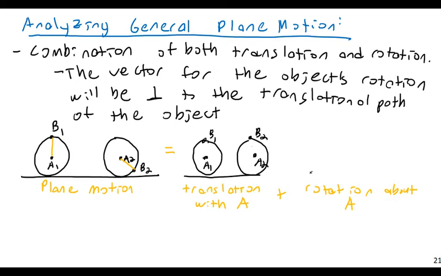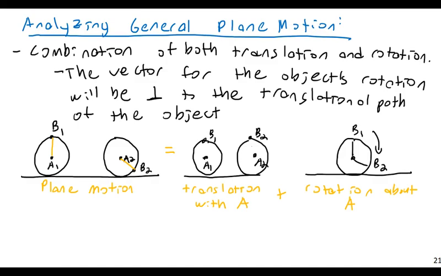Then we add to this the rotation, as if it was just about a fixed point, as if this thing was pinned down. So you have B1 and then B2 down here. It's a combination of translation and rotation.